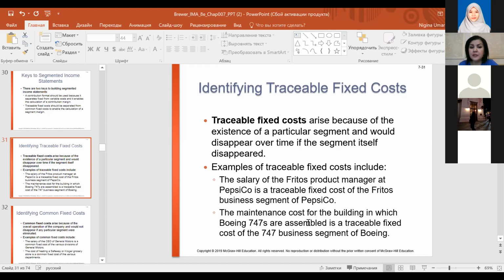And the maintenance cost for the building of this assembly department. So this assembly factory has its own maintenance cost. If Boeing closes this assembly department or assembly factory, all maintenance costs will disappear. So if this kind of cost disappears with a branch, with a segment, then these costs are called traceable fixed costs.